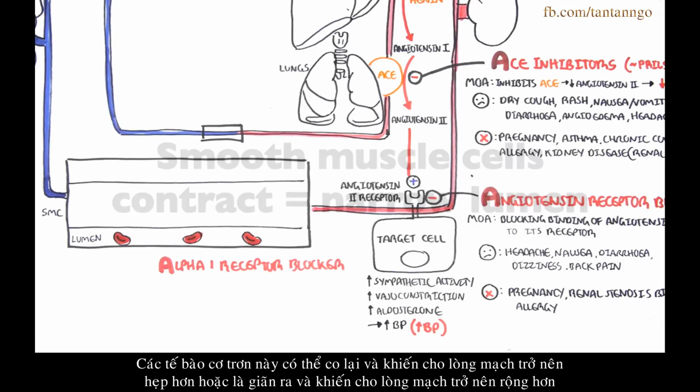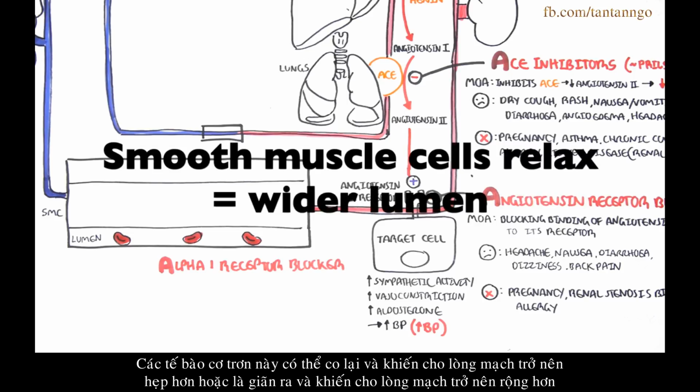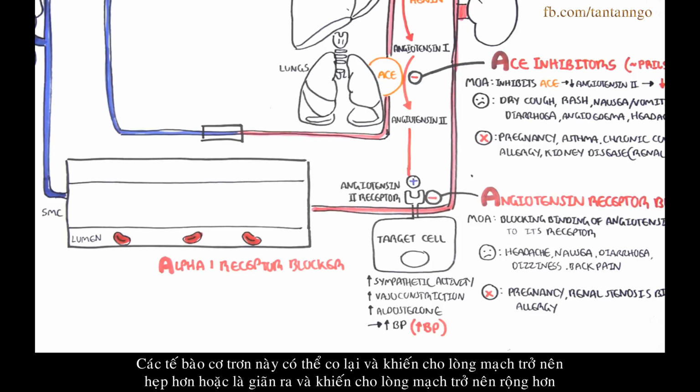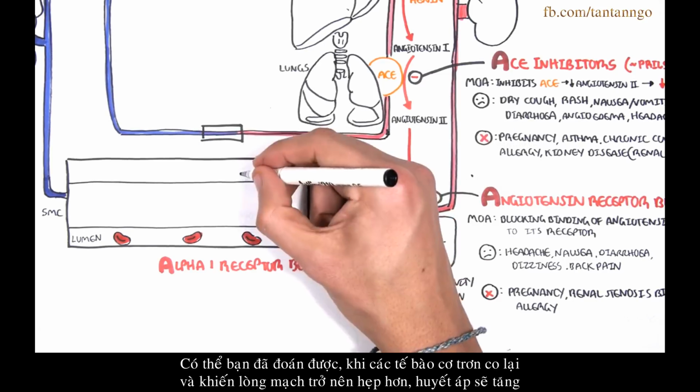The smooth muscle cells can contract, and this will make the lumen of the vessel smaller, or they can relax, and this will dilate the lumen, making it wider. So as you might suspect, when the smooth muscle cells contract and the lumen becomes smaller, the blood pressure increases.